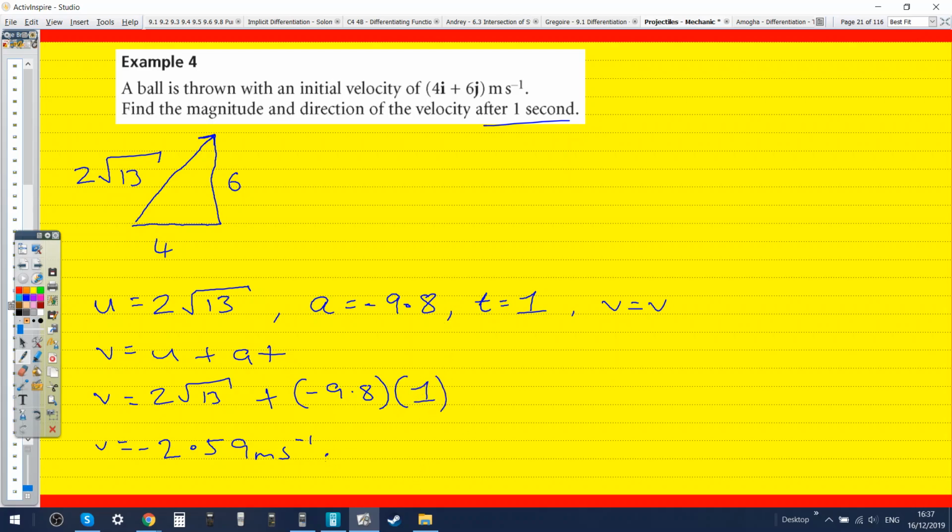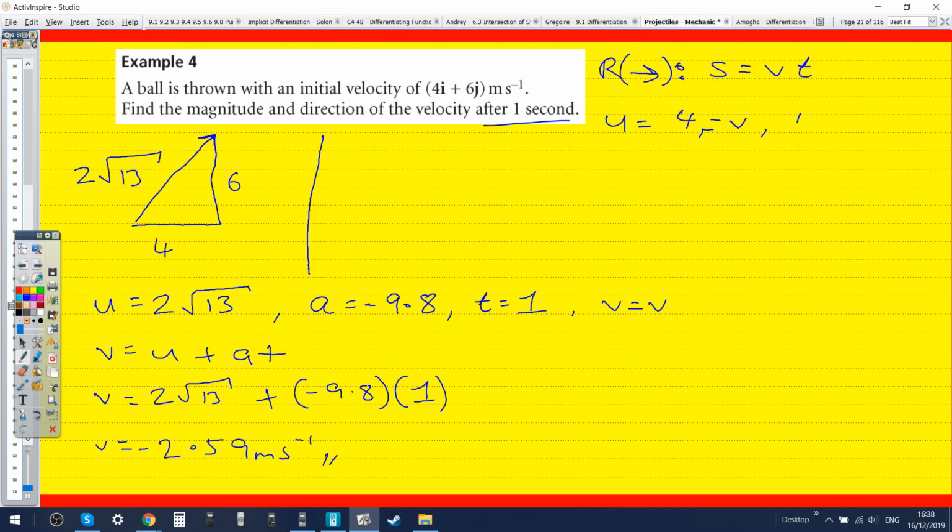Could we work that out from the triangle? We might. Let's do it in two separate ways and see how that goes. If we resolve horizontally, that will be s equals vt. The ball is thrown with initial velocity, so u is 4, which is the same as v.